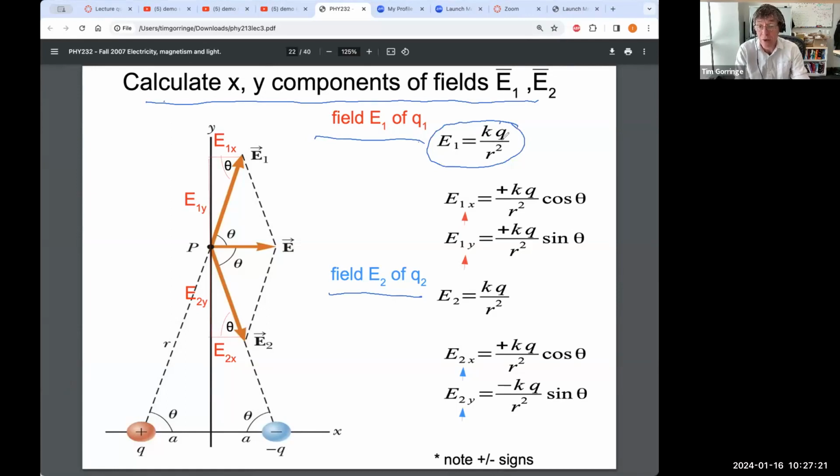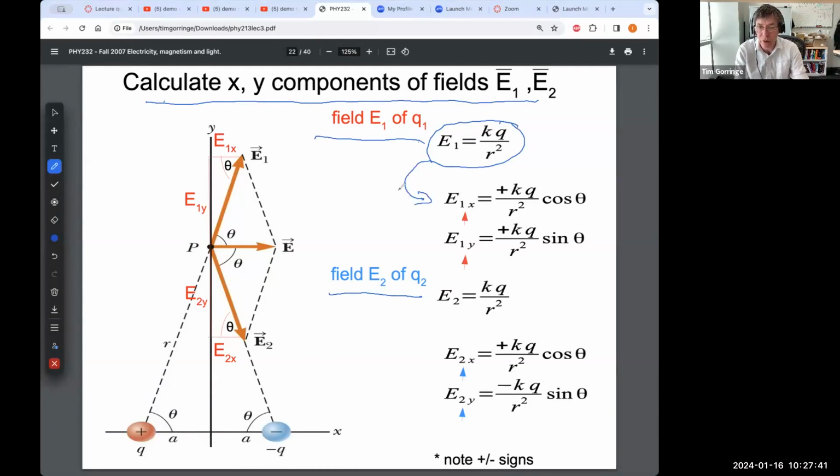Well, that's given by basically Coulomb's law. This little expression here is just k times the charge, which is Q1, divided by the square of the distance we are from the charge. That's R squared. So that's the electrical field strength.